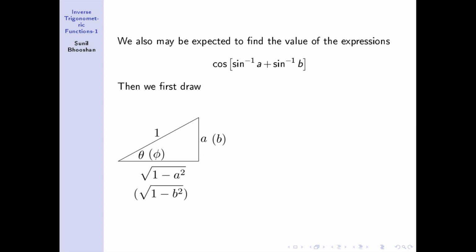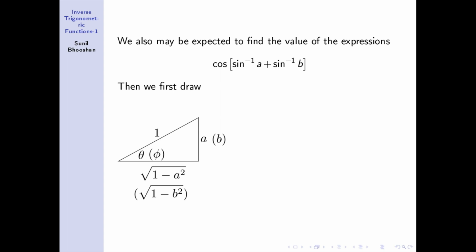Now if you want to find expressions such as cos of sin inverse A plus sin inverse B, sin inverse A being an angle, sin inverse B also being another angle, we'll call sin inverse A as theta and sin inverse B as phi.